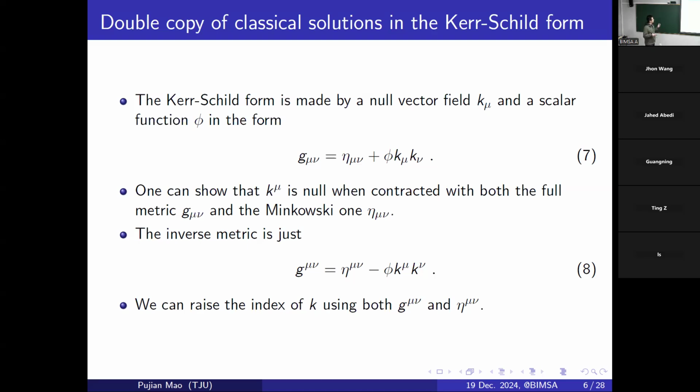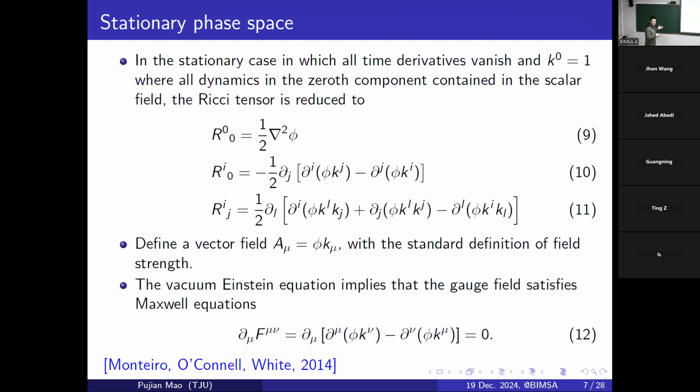So they present the first example. Of course, afterwards there are more works, and we are also trying to generalize to higher dimensions. Of course, we cannot believe that the full Einstein theory is just a product of Maxwell theory, right? So here is just how you can reduce to that case.